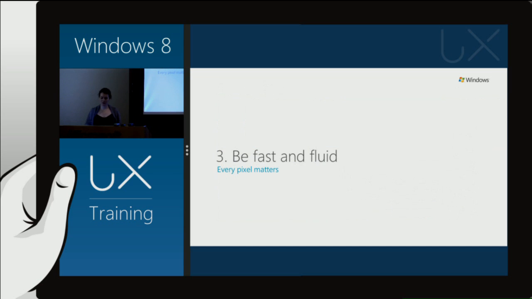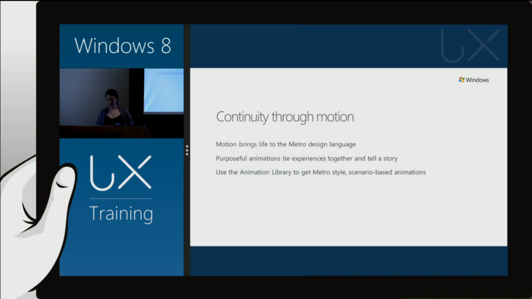The next principle is be fast and fluid. And at its core it is around embracing the transitions between screens and the interactivity of Metro-style applications, and making sure that there's continuity through motion as you're interacting with the Windows 8 application.